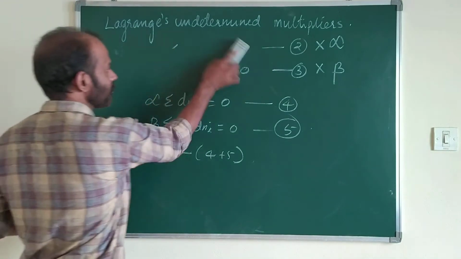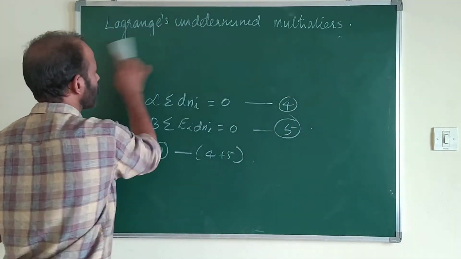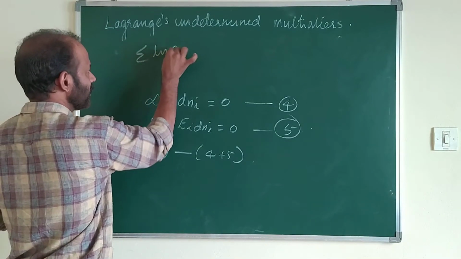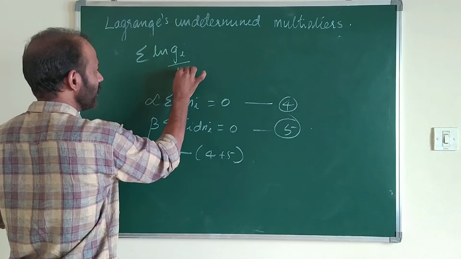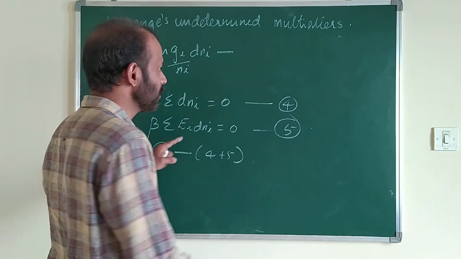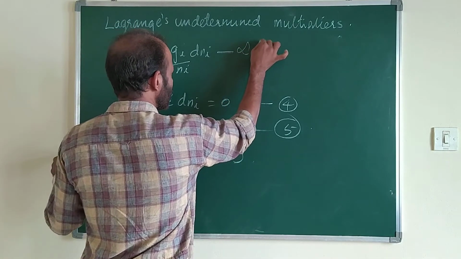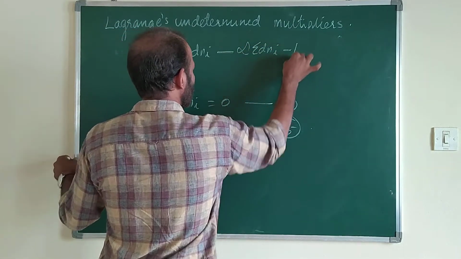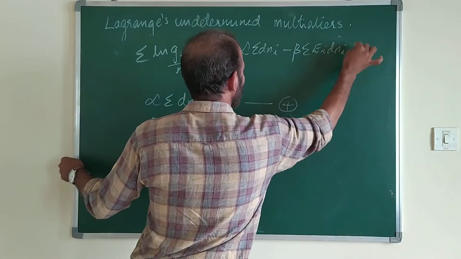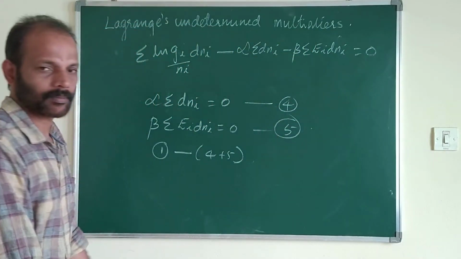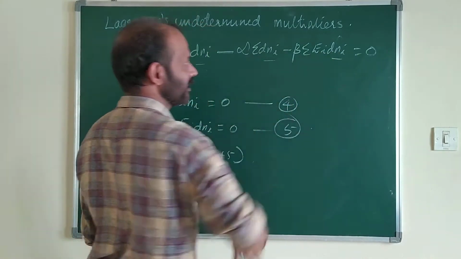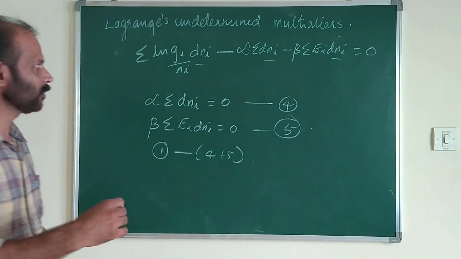Then we get, the equation number 1 is sigma ln Gi divided by Ni dNi minus, we are subtracting these two, that is alpha sigma dNi minus beta sigma Ei dNi, which is equal to 0. Then dNi, common terms, we can take it out.